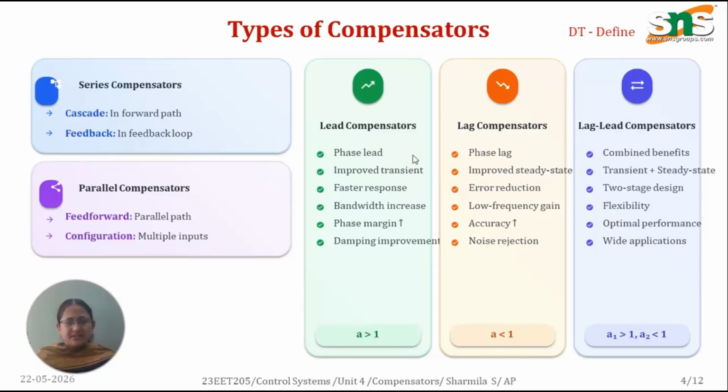The lag compensator improves steady-state accuracy, reduces steady-state error and increases low frequency gain. For a lag compensator, A is less than 1. The lag-lead compensator combines the advantages of both: better transient response and improved steady-state performance. These compensators are widely used in practical control systems.